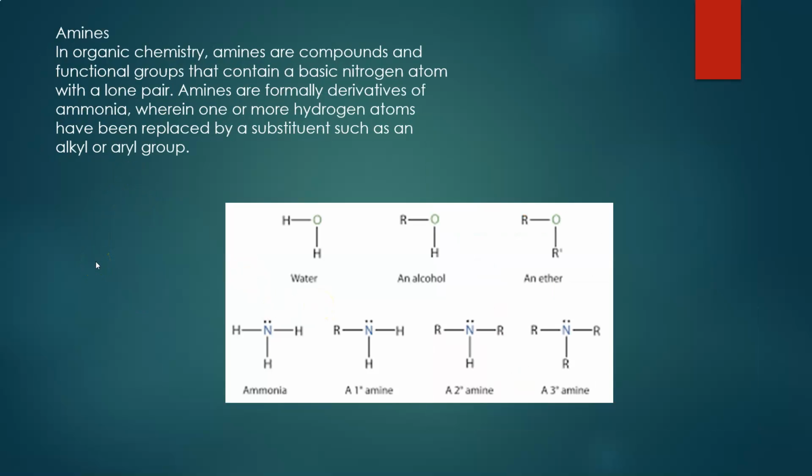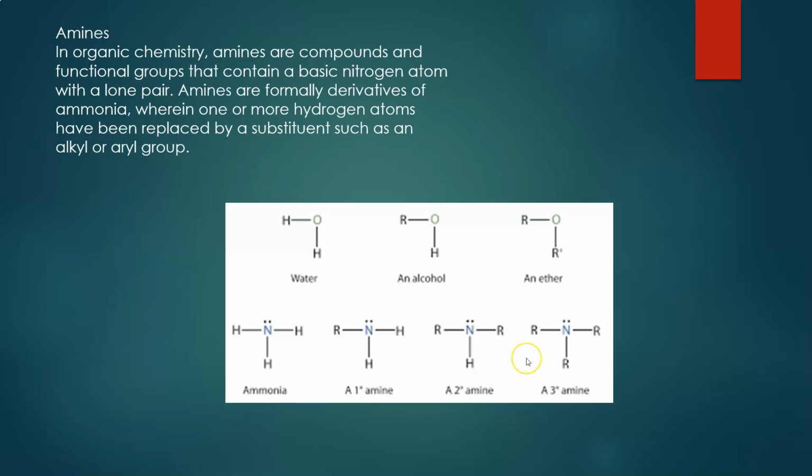Amines are compounds that come from ammonia. Ammonia is NH3. If you change one atom of hydrogen by one atom of carbon, you get a primary amine. If you change two hydrogens by two atoms of carbon, you have a secondary amine. And if you have three atoms of carbon, this is a tertiary amine.